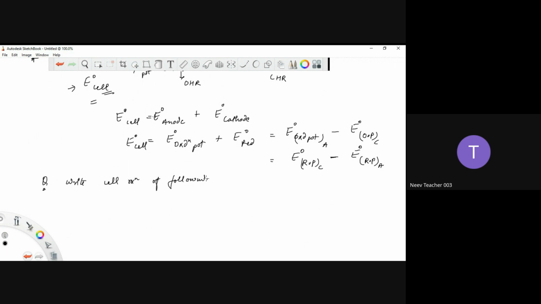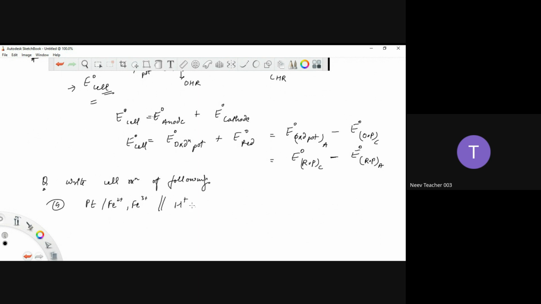So first write the cell reaction of these, which I'm writing over here. First, Pt, Fe2 plus, Fe3 plus, and the salt bridge.